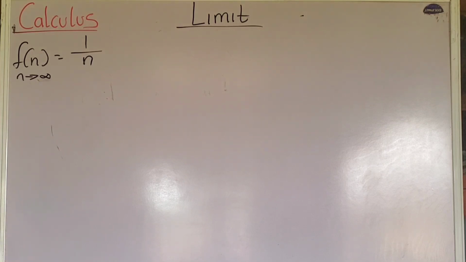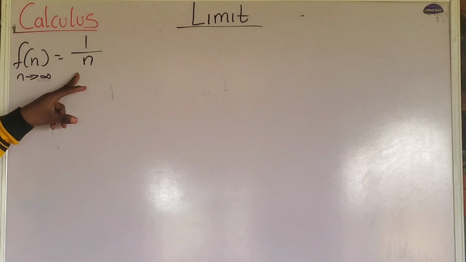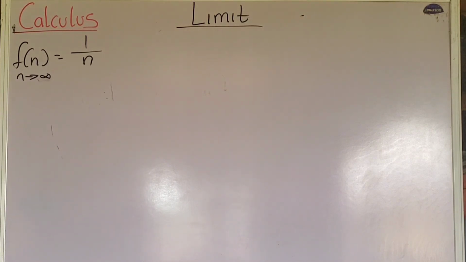If you substitute the value of n as 1 million here, you're going to have 0.00 something. You will discover that no matter how large the value of n, this function will not be equal to 0. Infinity doesn't have an actual value.